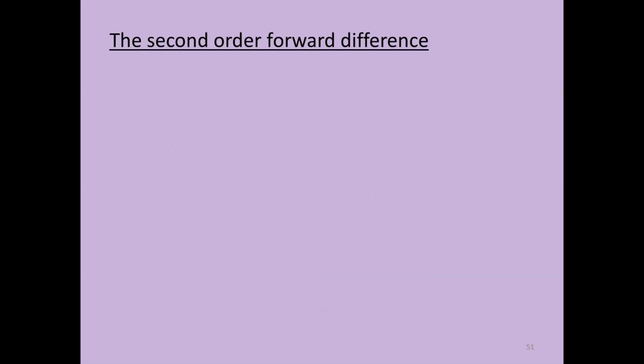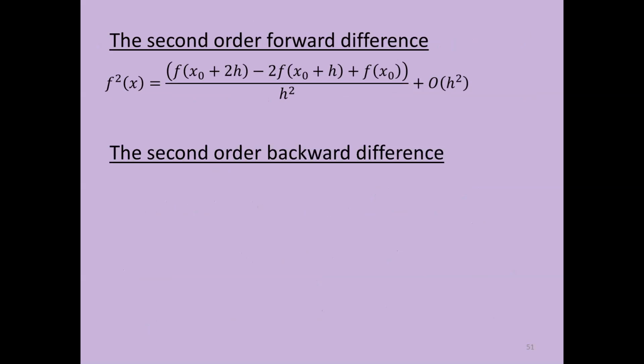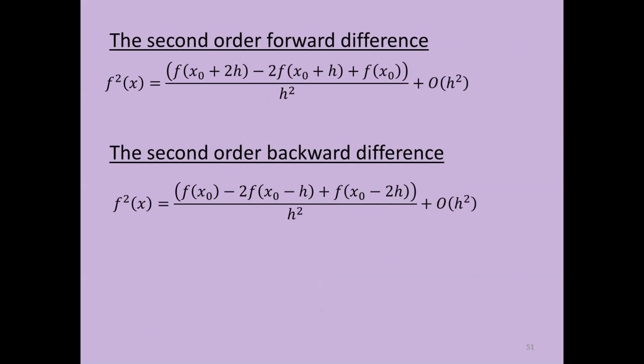The second order forward difference is given by this expression. The backward approximation is this. And the forward approximation with respect to x naught: the other two terms are being calculated at x naught plus h and x naught plus twice h, therefore it's a forward difference.